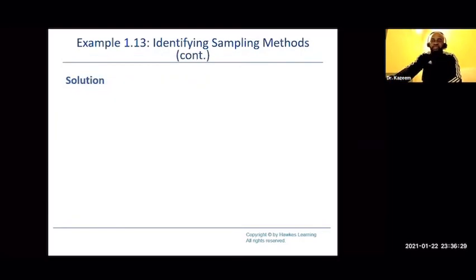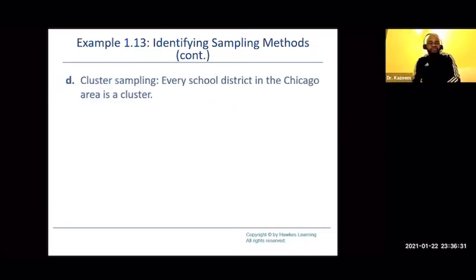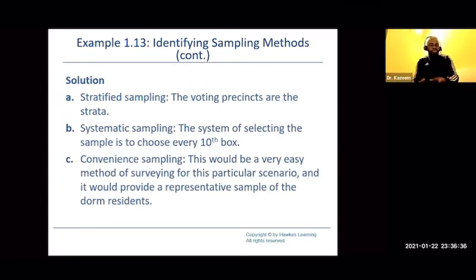This is looking like a convenience sample, because a convenience sample is when somebody just walks up to you and starts asking questions, seeking to know your perception about a particular policy. It could be a policy of government. That's a convenience sample. And that was why I said this will be a very easy method of surveying for this particular scenario, and it will provide a representative sample of the dorm residents.